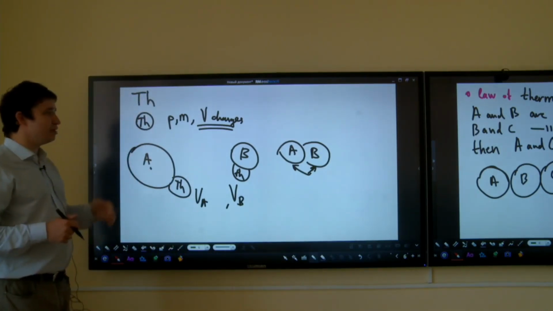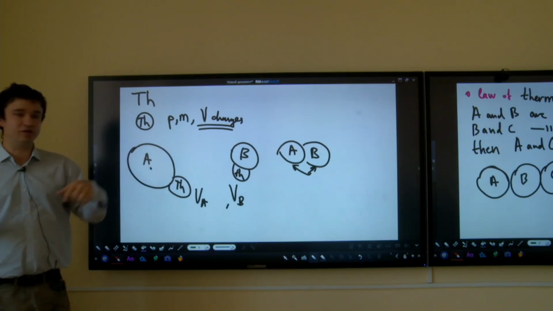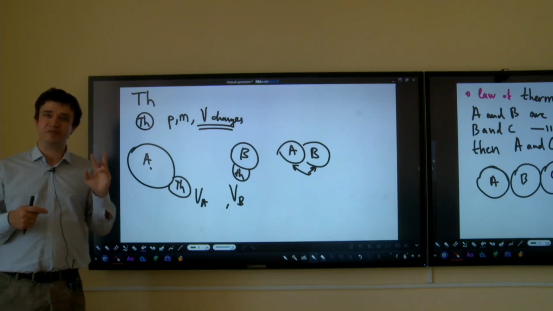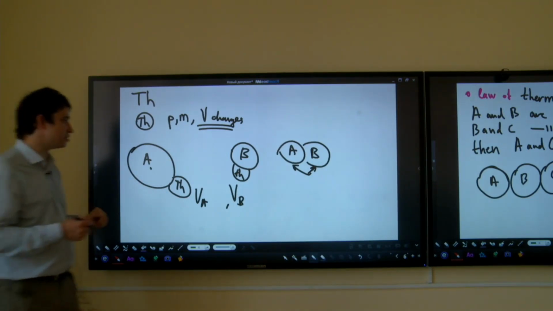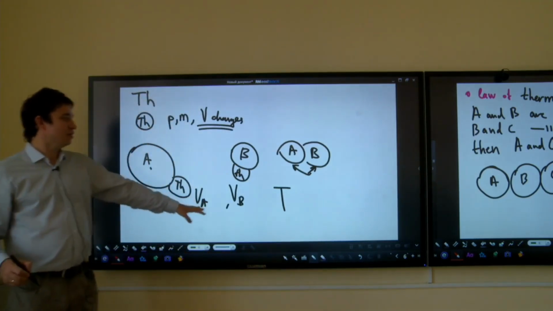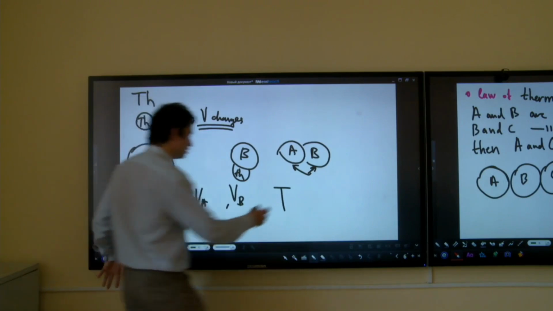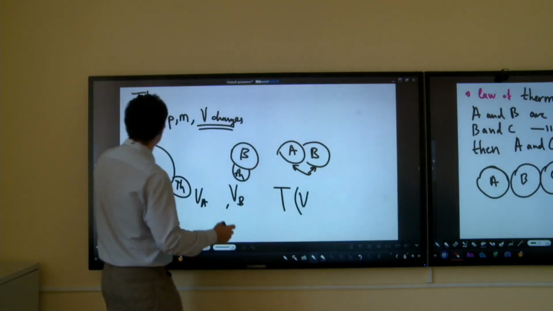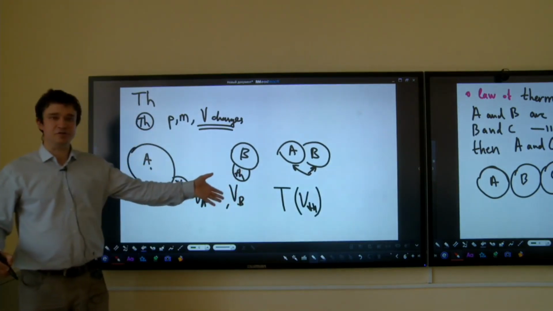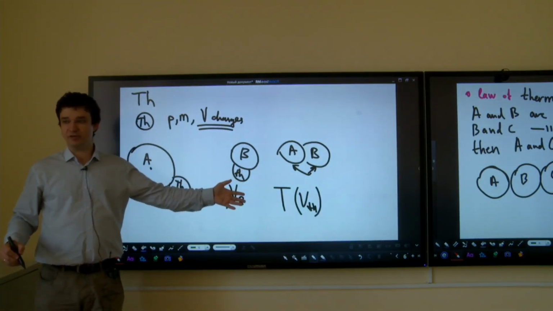So in addition to some measurable quantity like volume, I now have an additional variable which can describe the state of the thermodynamic system. And of course, I can introduce any function of those volumes, volume of the thermometer. And as I introduce this function, I establish a temperature scale.